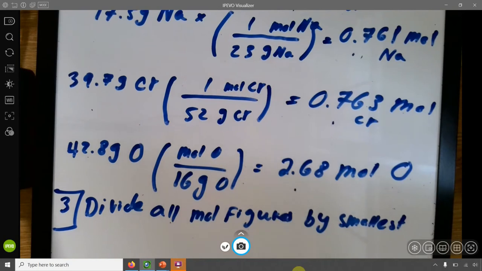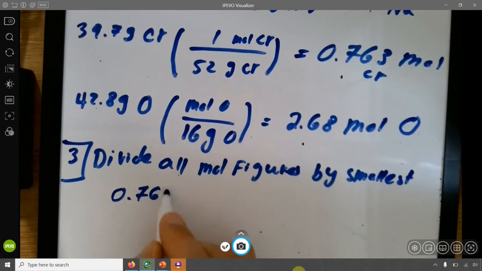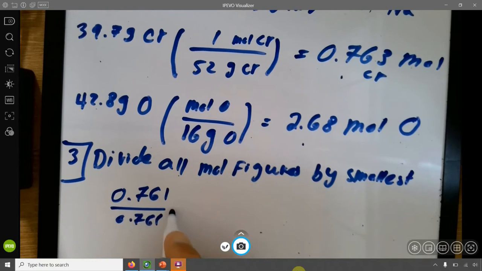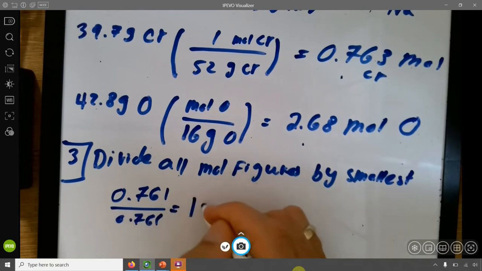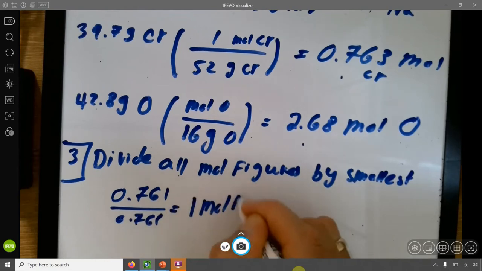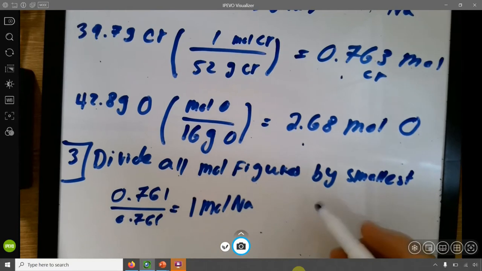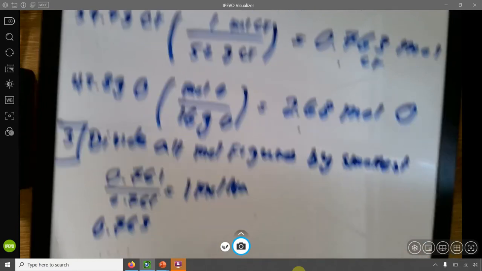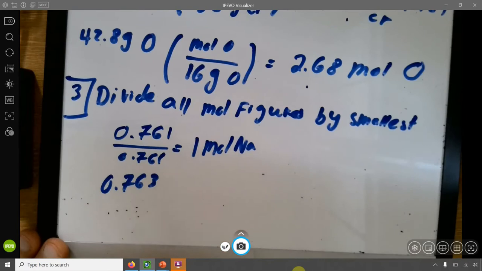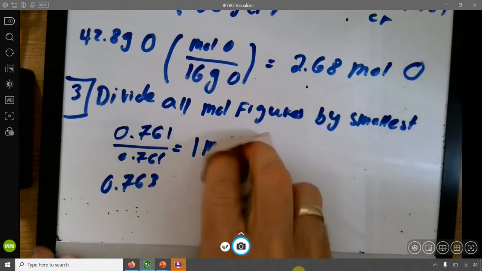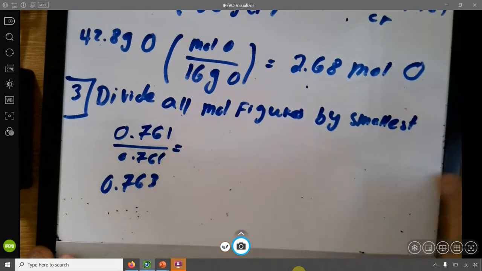So let's do that. So I have 0.761 divided by 0.761. And that ends up being 1 mole of sodium. I'm going to maintain my sig figs. My apologies.